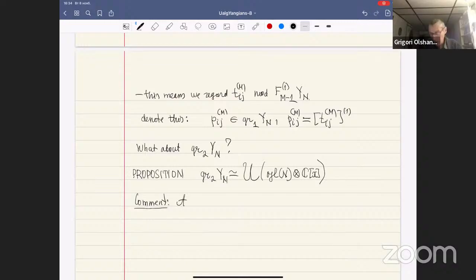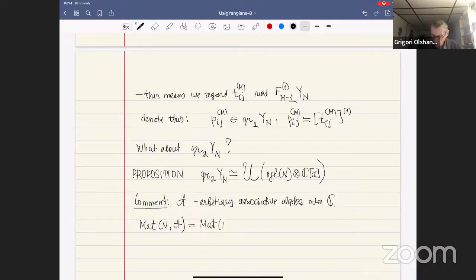Assume that A is some arbitrary associative algebra over the field of complex numbers. Then we can form the algebra of matrices with values in A, which is the same as the tensor product of two algebras.